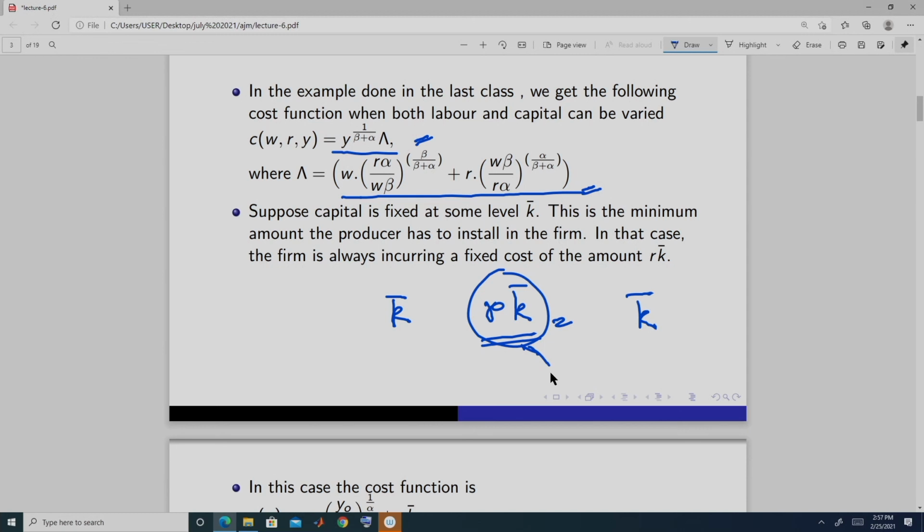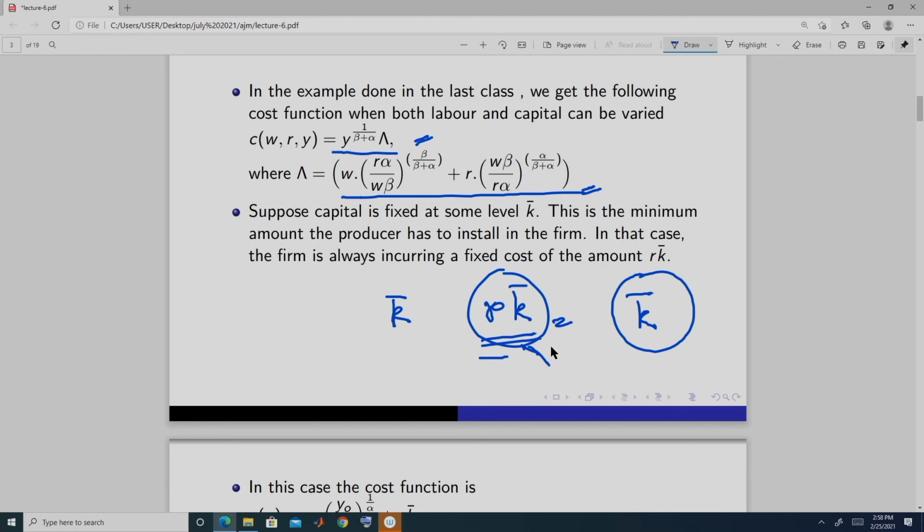Now, suppose you want to employ more capital. You will further increase your amount of capital, but that will take time. So, in the short run only this amount is available. Now, if you want to produce more and more output, you have to employ more and more labor.